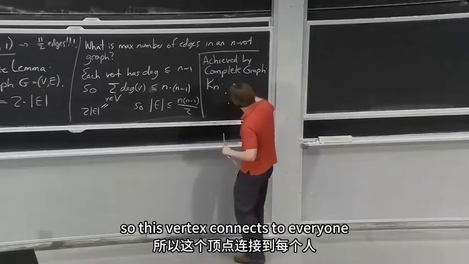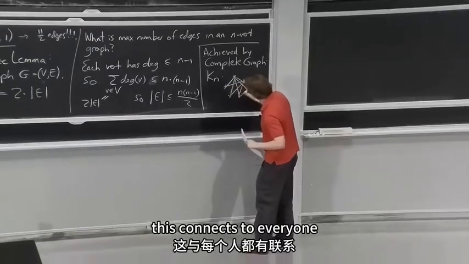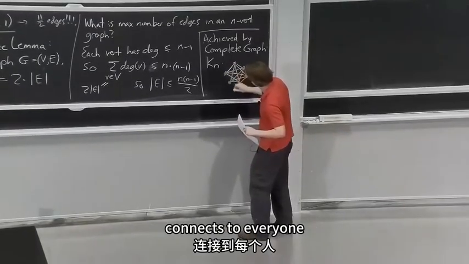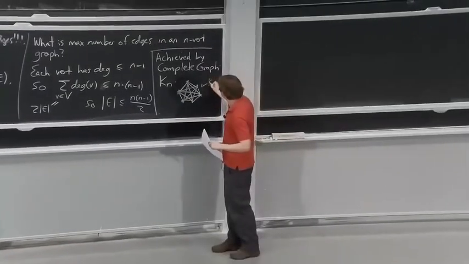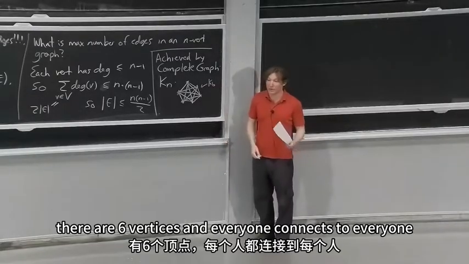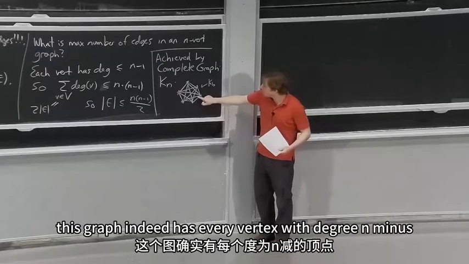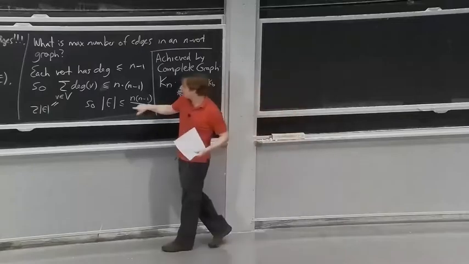So this vertex connects to everyone, this vertex connects to everyone, this connects to everyone, connects to everyone. I think I got them all. So this is a drawing of K6. There are 6 vertices, and everyone connects to everyone. This graph indeed has every vertex with degree n minus 1, so it has exactly this many edges.